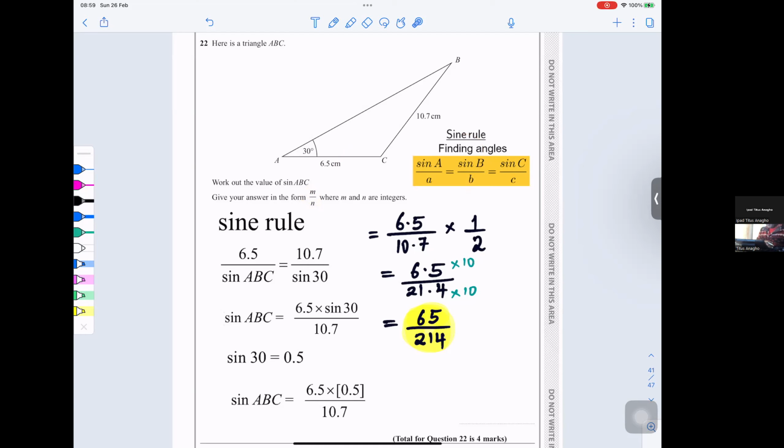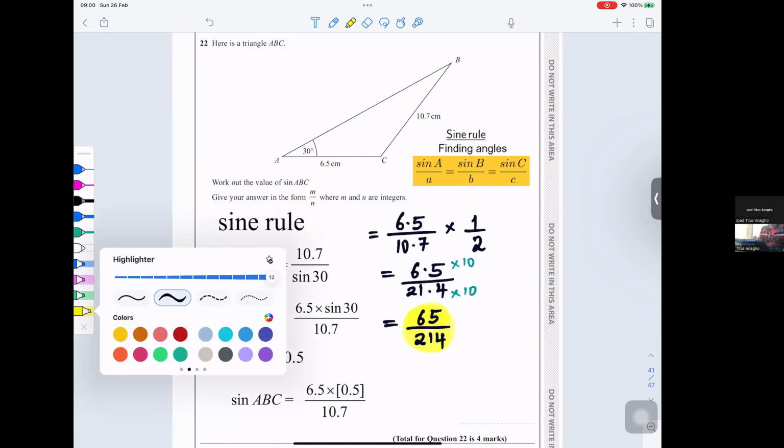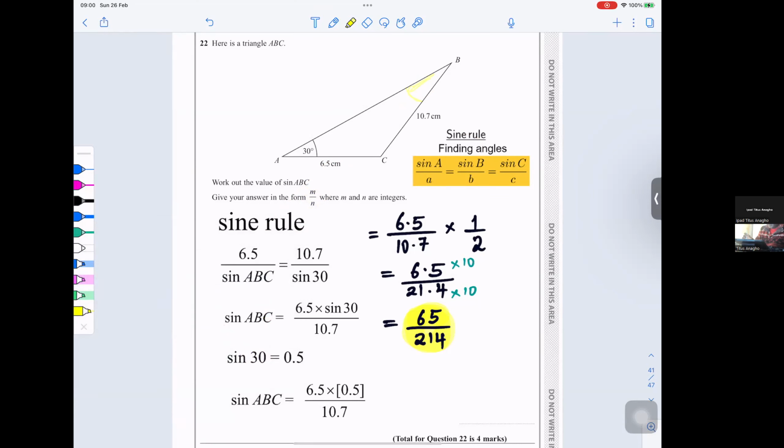So when we use the sine rule, it says 6.5 over sine ABC. The angle we're looking for, I'll color that angle yellow. We're looking for that yellow angle there at the top, sine ABC, because B is the angle we're looking for.